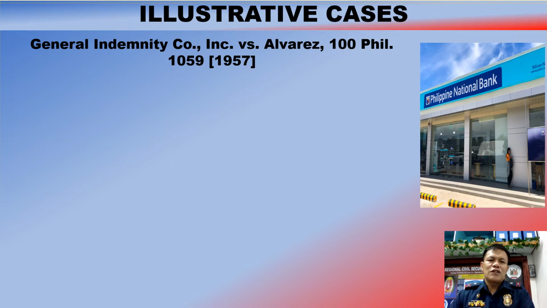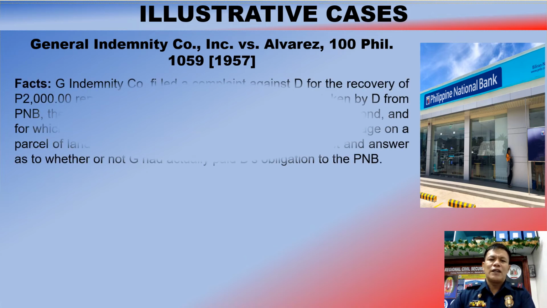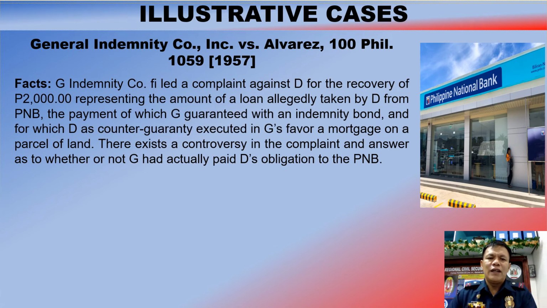For the second illustrative case, General Indemnity Company Incorporated versus Alvarez, 100 Phil 1059, 1957. Facts of the case.